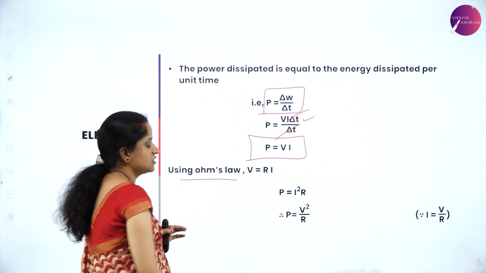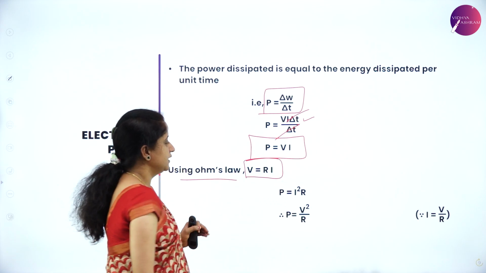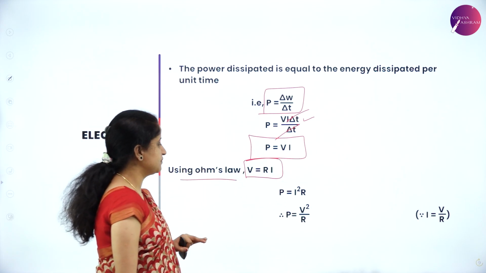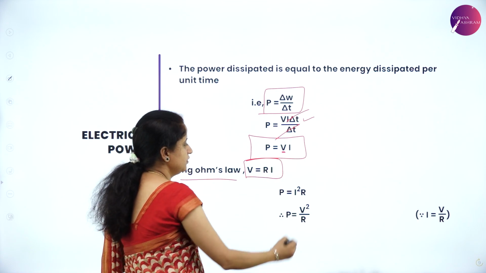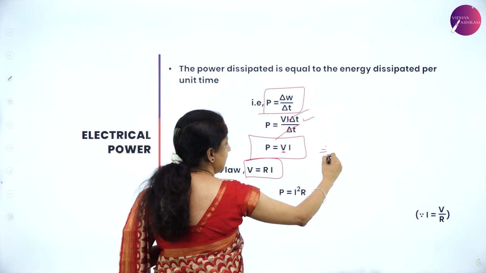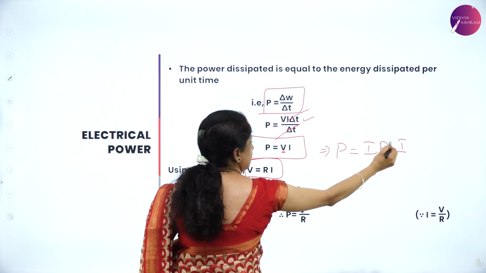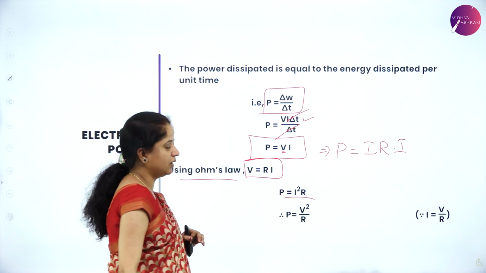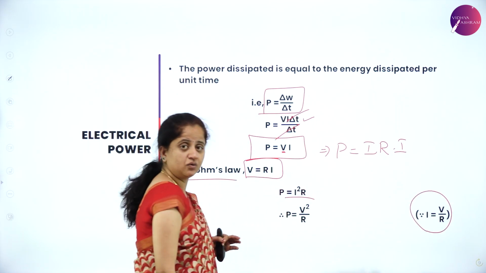By using Ohm's law, we know V is equal to IR. Now let us substitute the same in the above expression. P is equal to, in the place of V, I can substitute I into R. So what do we get? P is equal to I into R into I. So I into I is I square R. But what is I? I is equal to V divided by R according to Ohm's law.